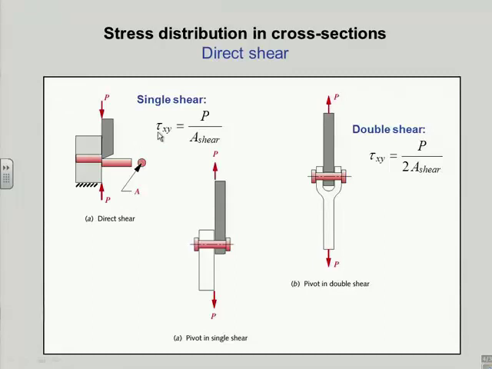And that stress associated with that now is a shear stress, tau xy. The load P I'm applying to the shear knife divided by the shear area. Now the shear area might be different under different circumstances, but in general it's the total cross-sectional area. And that's something of a fudge, because as you can visualize, as the blade starts in, there's only a little bit of area getting cut, right? And then a little bit more, a little bit more, a little bit more. When I finally get all the way through, I've cut the whole area.